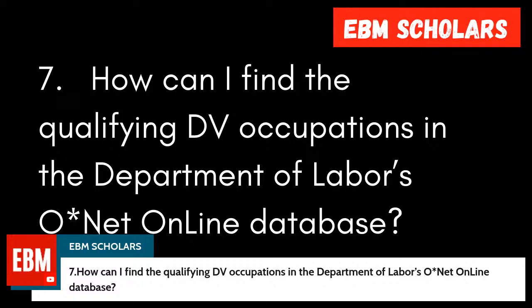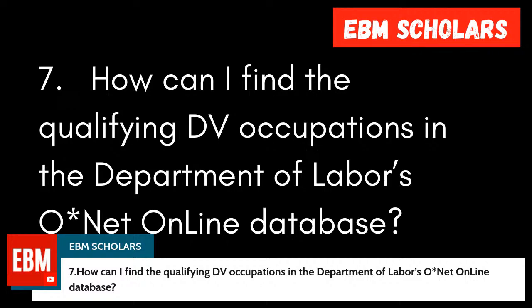Those will give the link to the specific occupation. A specific occupation can be security guard. That is a specific occupation. It can be a chef. That is also a specific occupation.